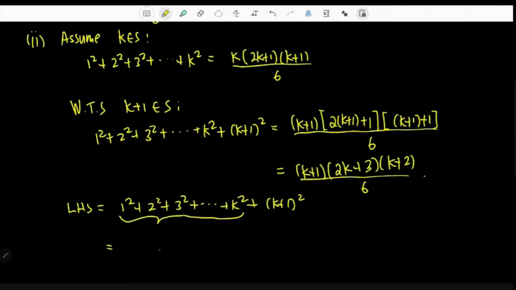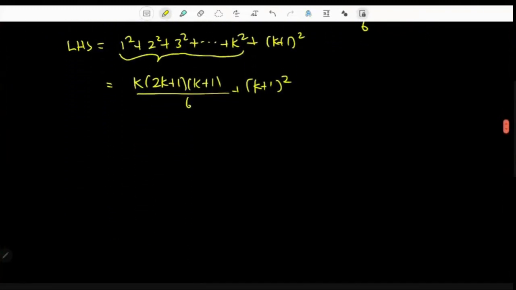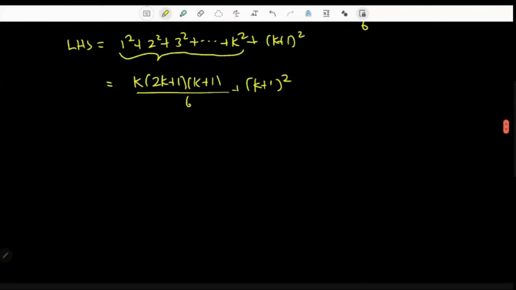So that's equal to k times (2k plus 1) times (k plus 1) all over 6, and then we rewrite (k plus 1) squared. Using algebraic manipulation, we can combine this as a single fraction all over 6. So we have k(2k plus 1)(k plus 1) plus 6 times (k plus 1) squared.